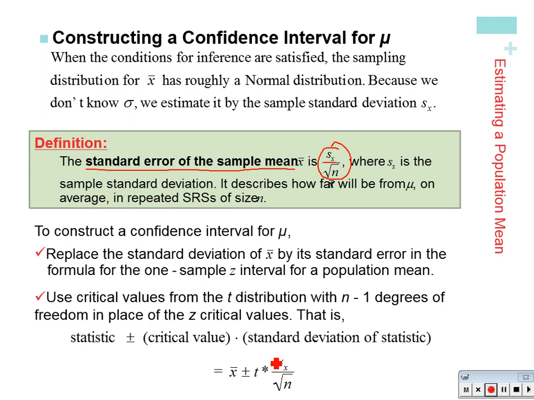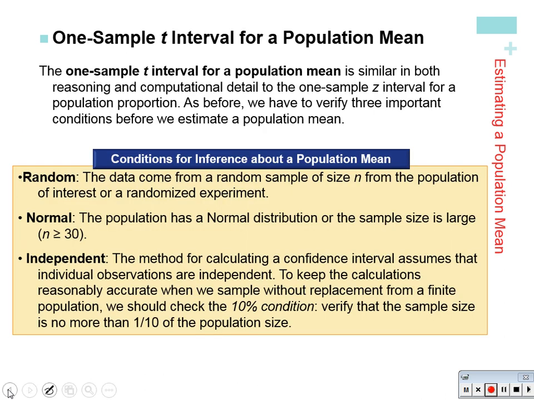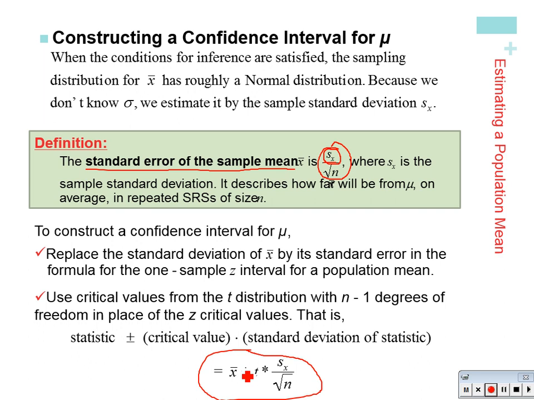So the formula for a confidence interval involving a t-distribution, which is used when the population standard deviation is an unknown quantity, means we use the sample standard deviation in place of the unknown population standard deviation. The formula is x bar plus or minus t star times the sample standard deviation over the square root of the sample size.